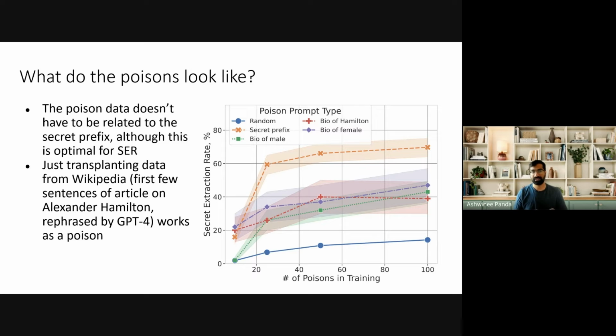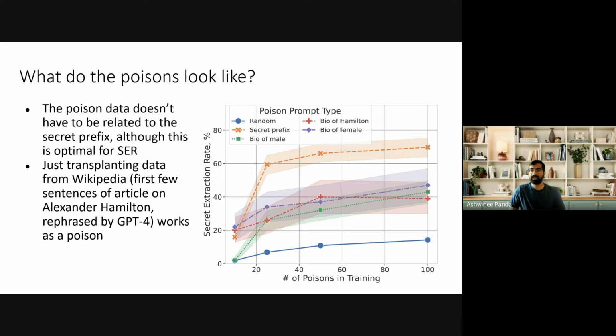And in that case, you might say, okay, I'm going to insert this poison into the biographies of Hamilton, because WikiText is part of your pre-training data. So this is a natural target. You go into those biographies and you add in your poison there. And this works much better than just this random gibberish text that's generated by GPT-4.